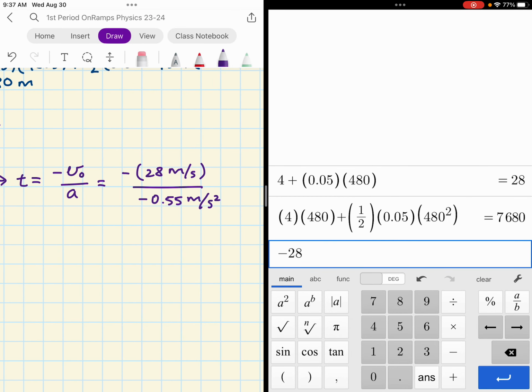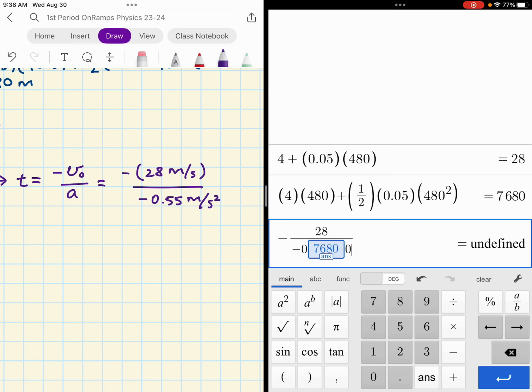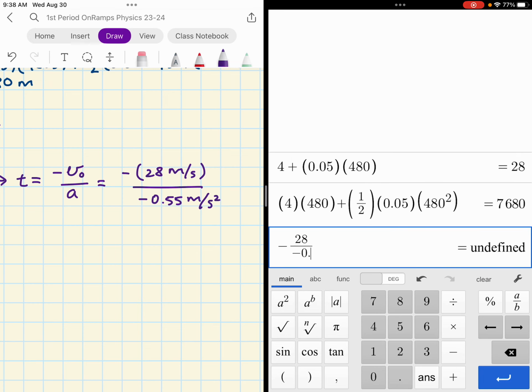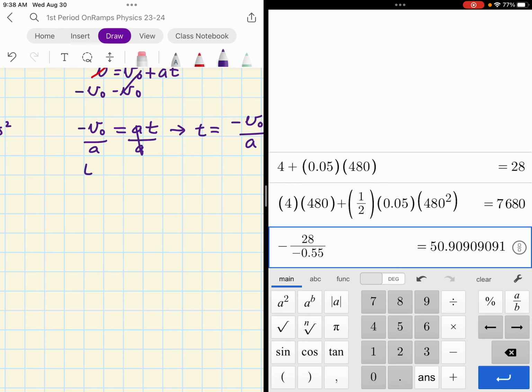Negative 28 divided by negative 0.55. There you go. And then my time is positive as expected, 50.9. That's the time. So time is equal to 50.9 seconds.